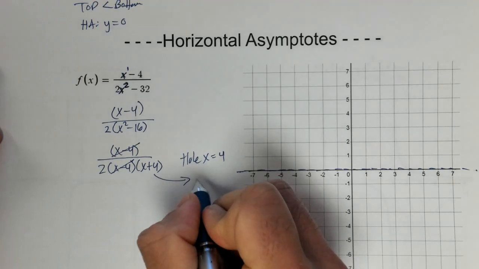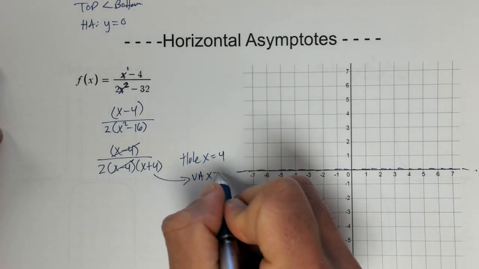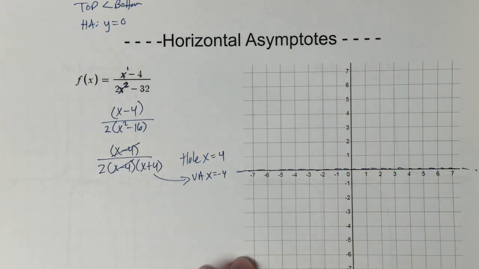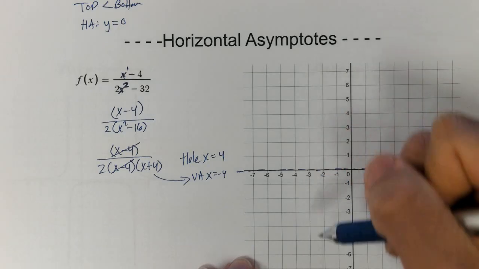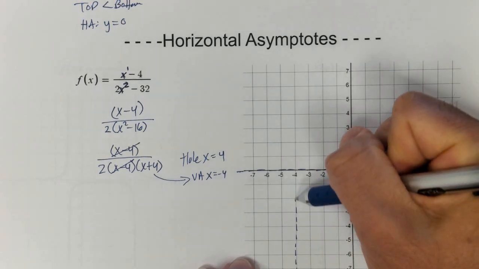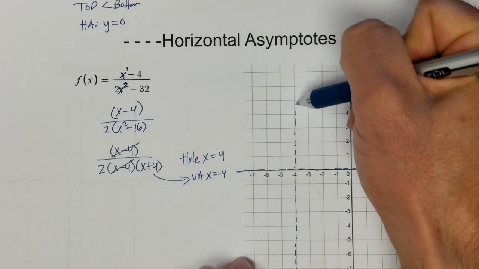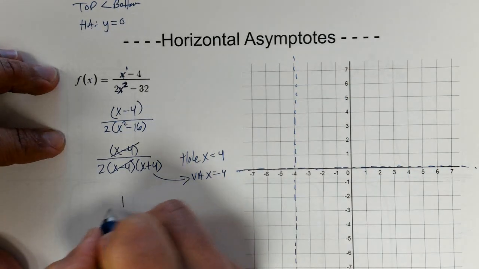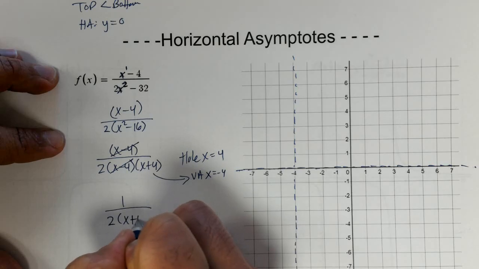I have one vertical asymptote at x equals negative 4. So I have an imaginary line for this one at negative 4, right through here. And this simplifies to 1 over 2 times x plus 4.